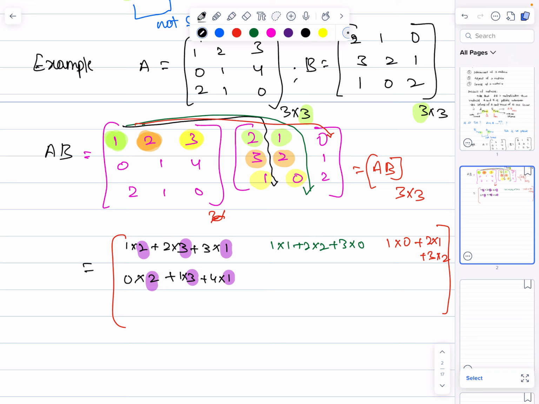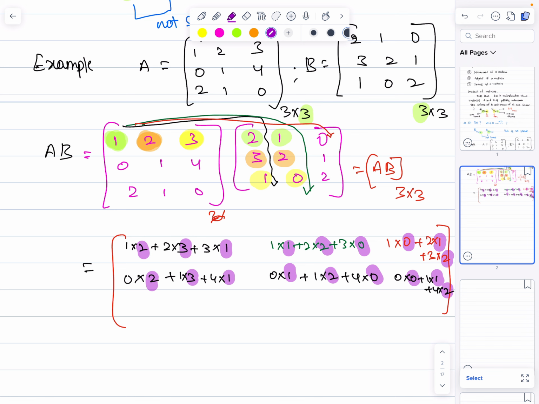And similarly 0 into 1 plus 1 into 2 plus 4 into 0, and the other one is 0 into 0 plus 1 into 1 plus 4 into 2. Again you can notice the same thing: 1 below 1, 2 below 2, 3, 0 below 0, 1 below 1, and then 2 below. This is how the pattern moves on.